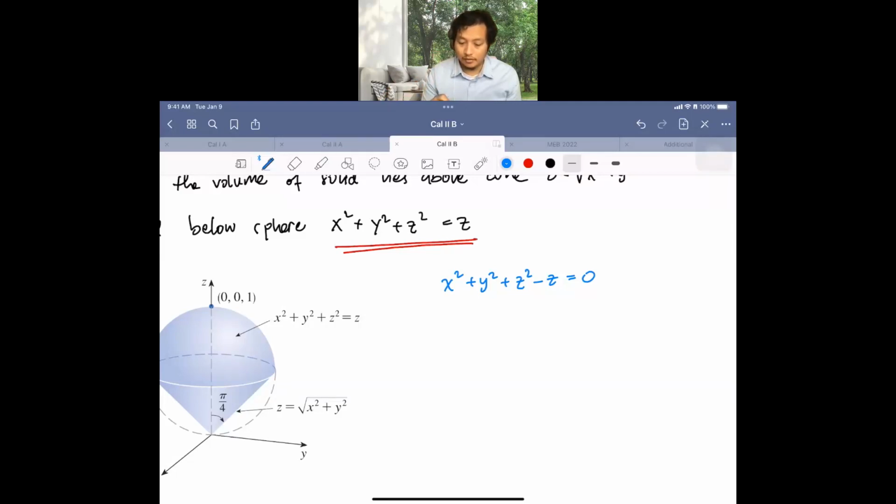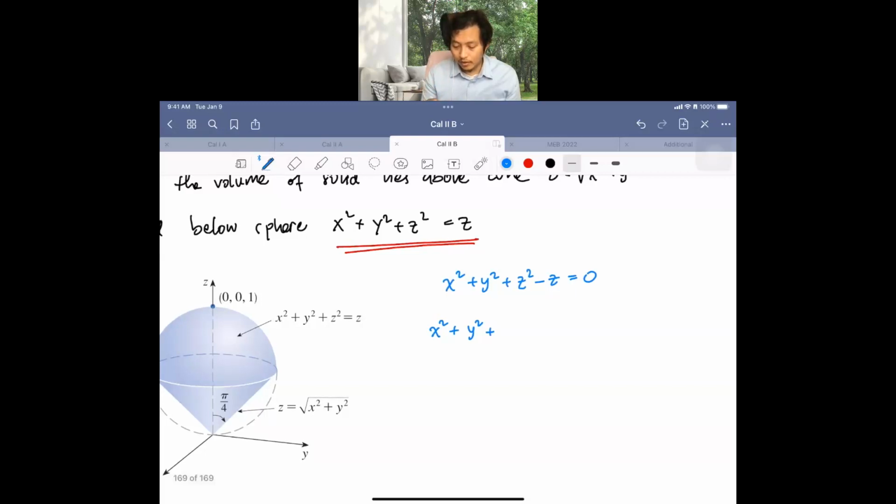So for example, if we complete the standard form for z squared minus z, then we have z minus half squared, so we should have 1 over 4.